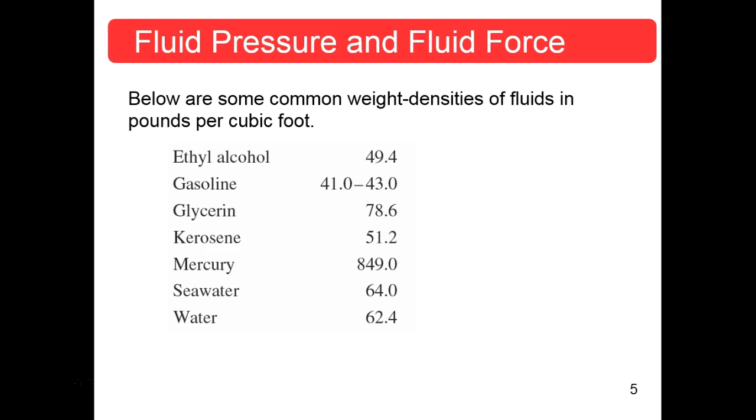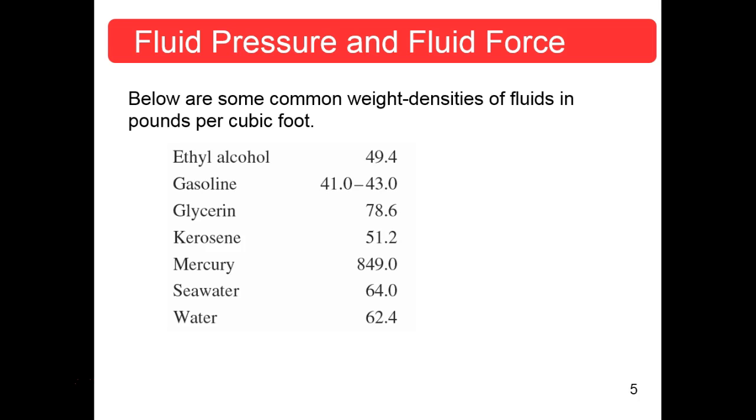Gasoline, less than that, 41.0 to 43.0. Glycerin, much denser than that. That would be 78.6 pounds per cubic foot. More dense than water is. A lot more dense than alcohol and gasoline. Kerosene, kind of more dense than ethyl alcohol or gasoline.